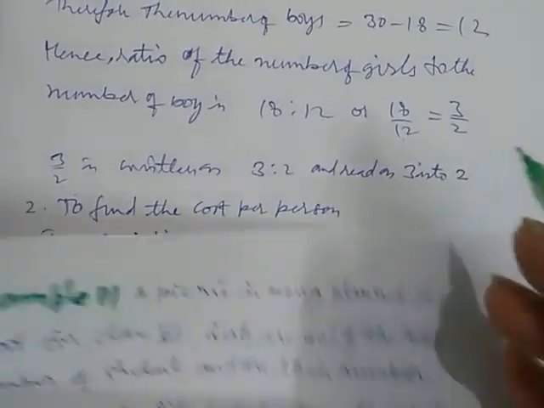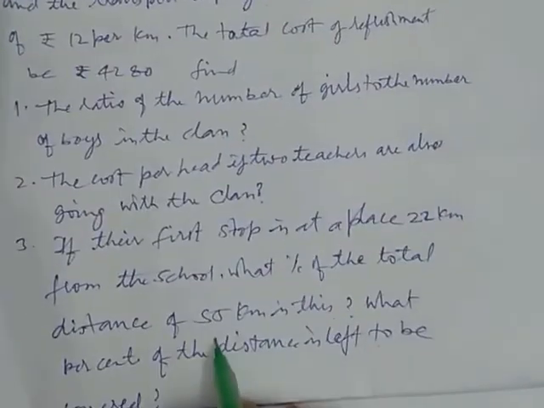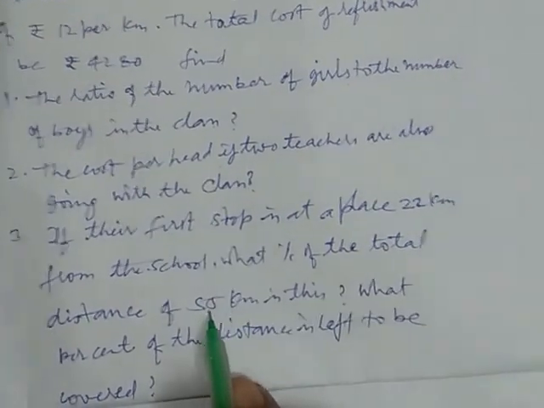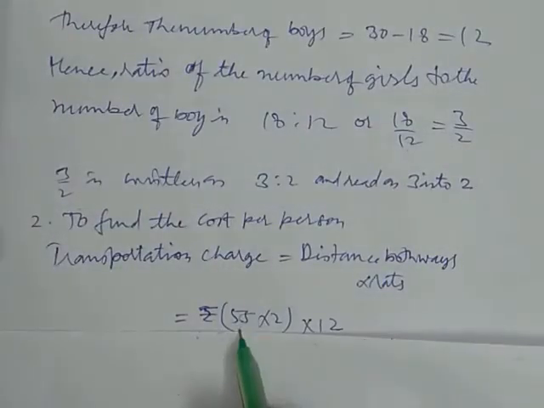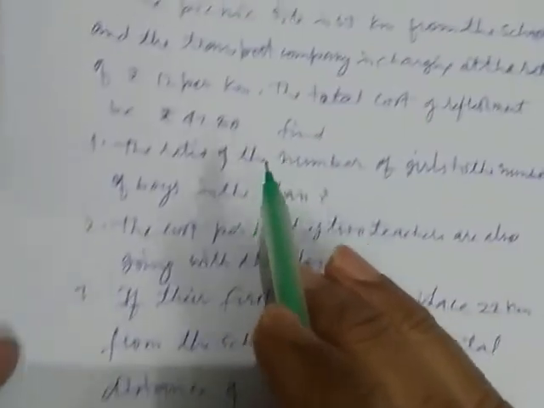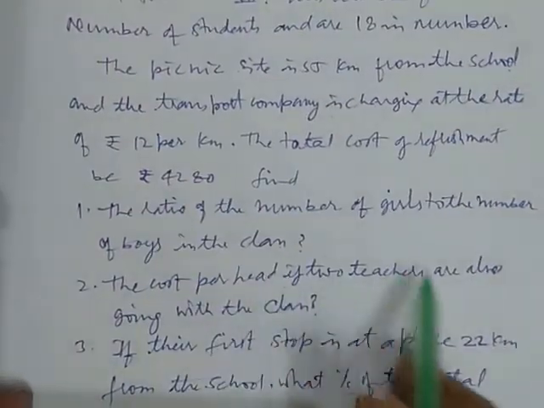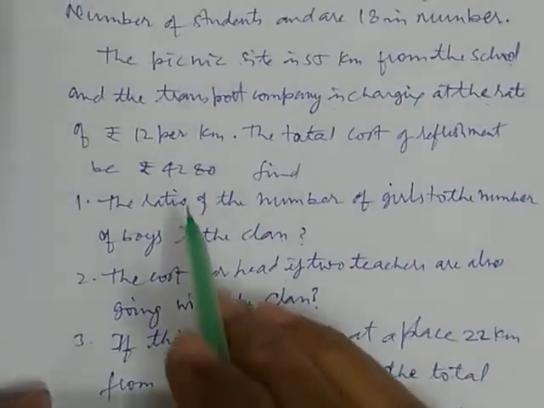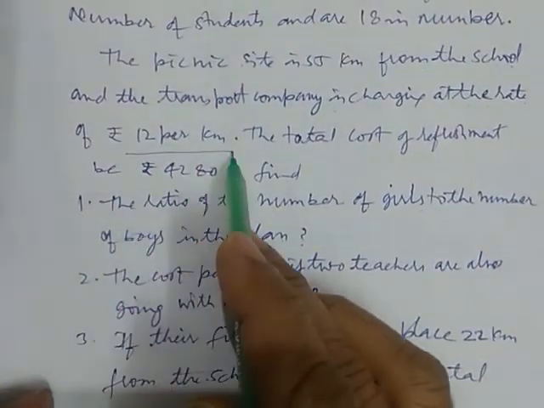In the question we are given the total distance of 55 km, so we have to multiply 55 by 2. The charge is rupees 12 per kilometer.